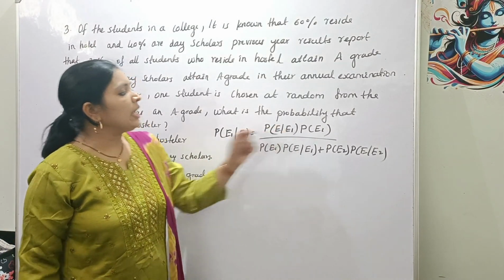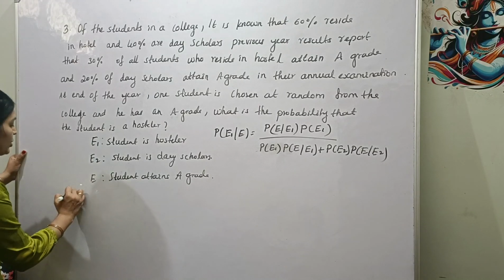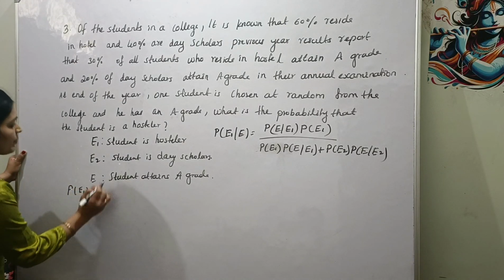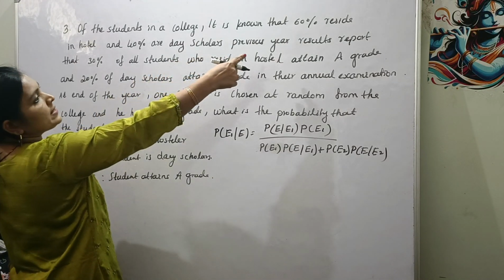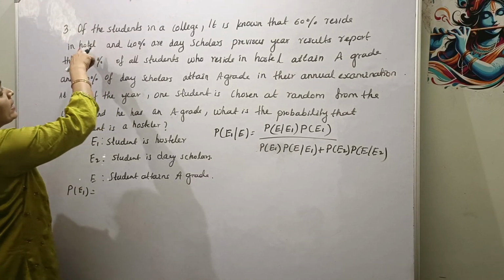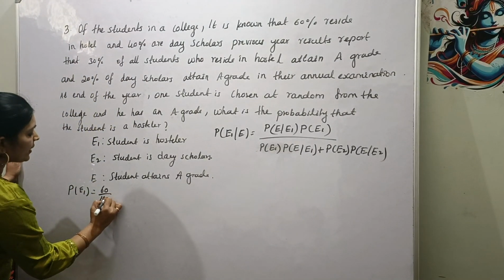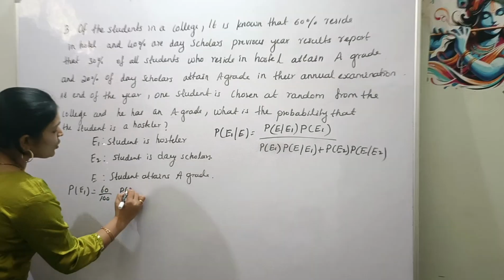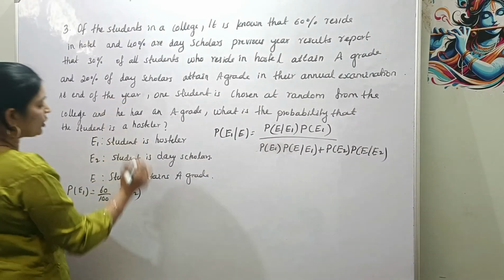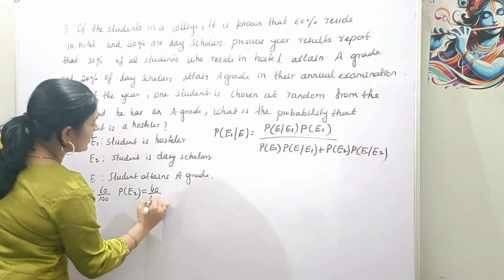What is probability of E1? Probability of E1 is nothing but, see, 60% students are residing in a hostel, right? So here 60 divided by 100, and probability of E2 is 40%, that is 40 by 100.